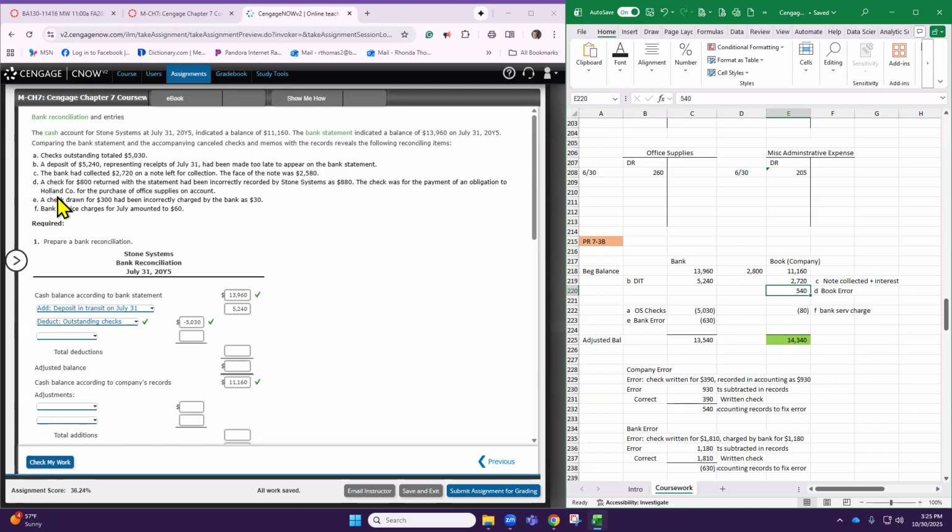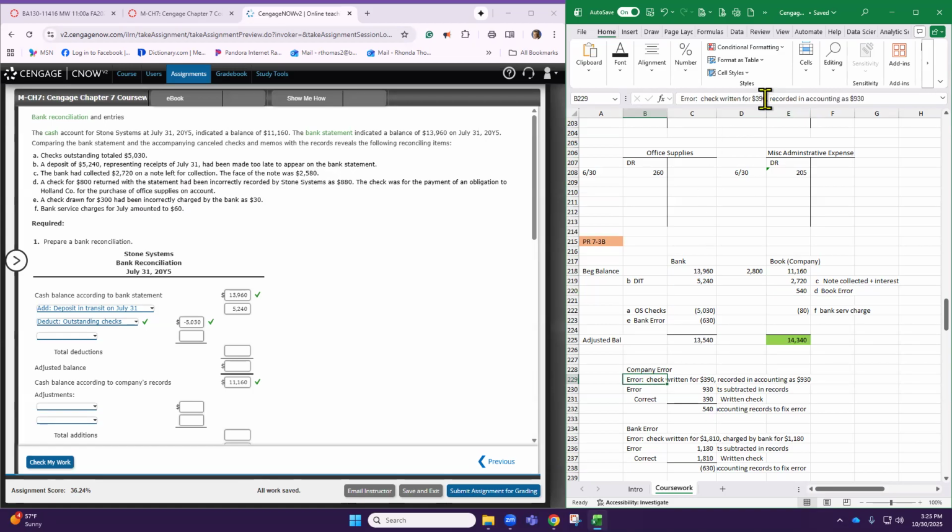Okay. A check for $800 returned with the statement had been incorrectly recorded by Stone Systems. So they wrote a check in the correct amount of 800 bucks. Okay. So here's the company error.